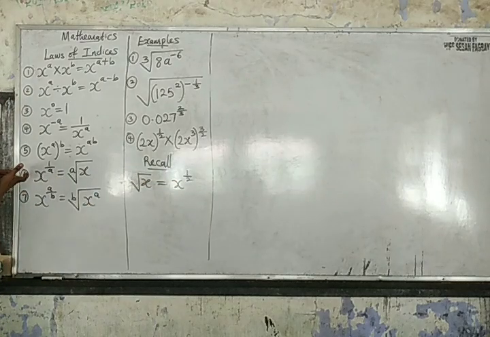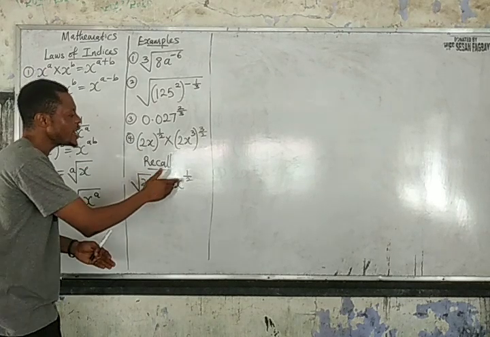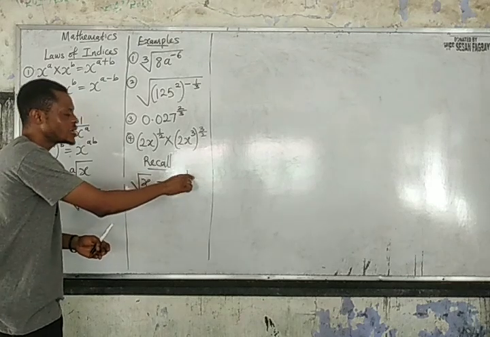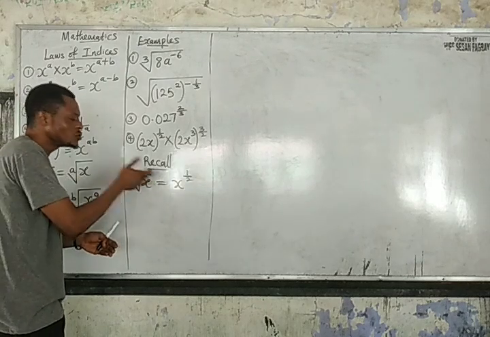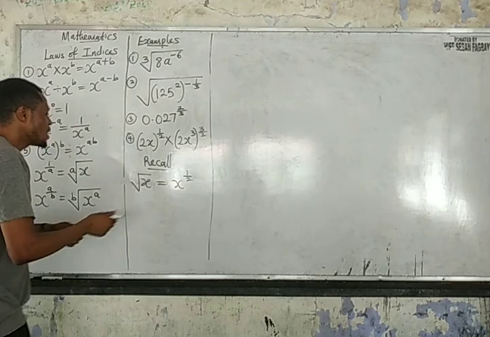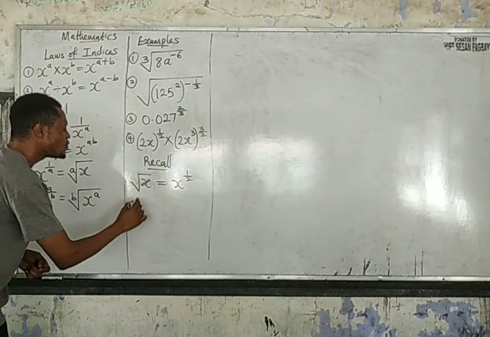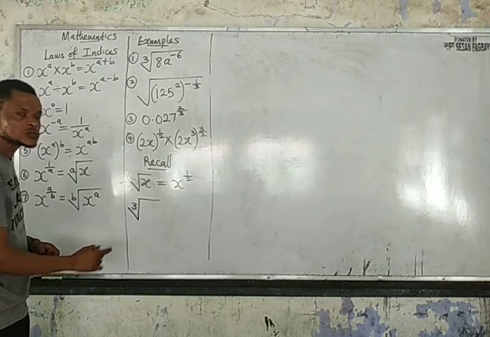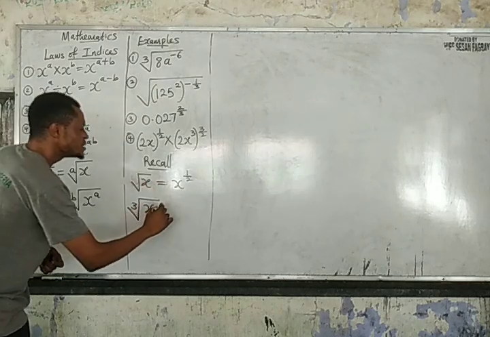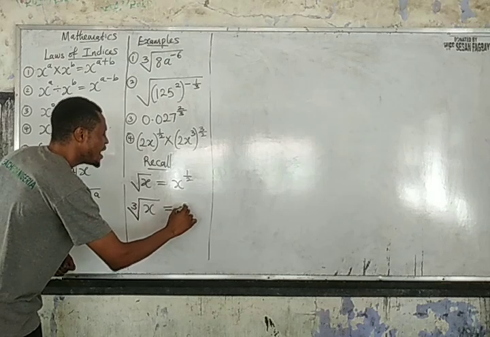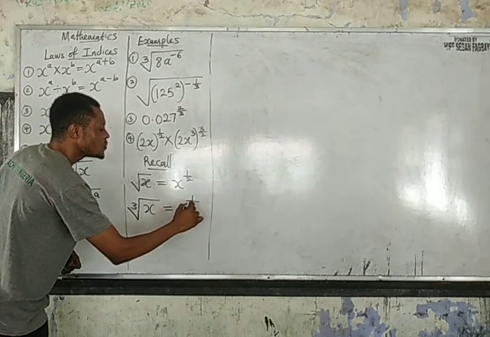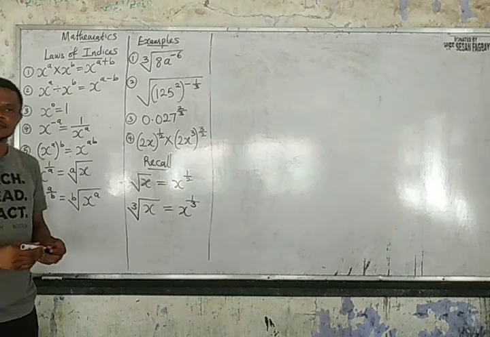From the sixth law of indices, inasmuch as the power, the numerator, will become the root of the base that we have here, then definitely x raised to the power of 1 all over 2 is still the same thing as square root of x. Once again, it's not out of place if we say cube root of x is the same thing as x raised to the power of 1 all over 3.